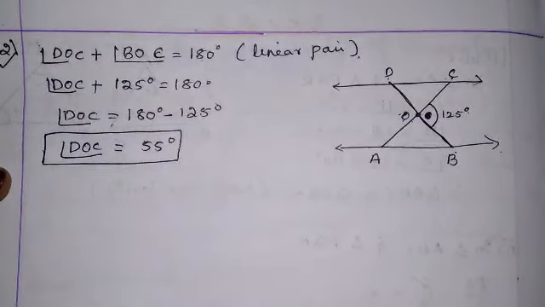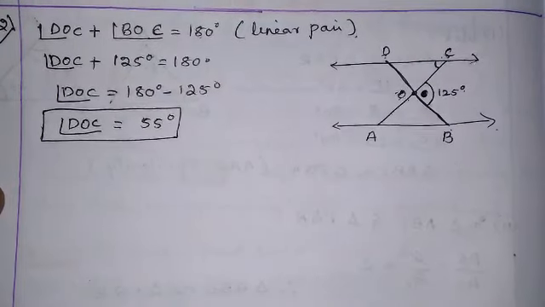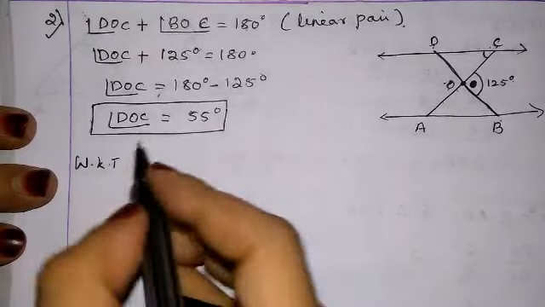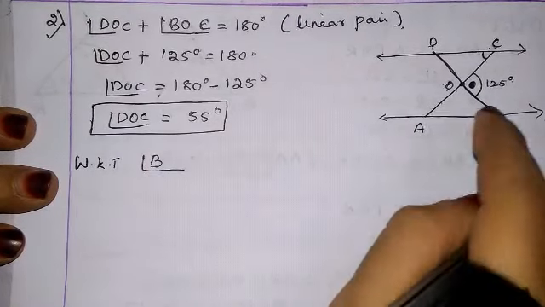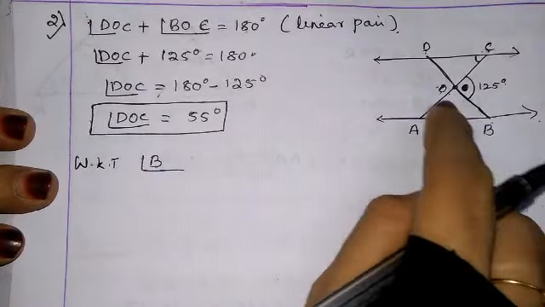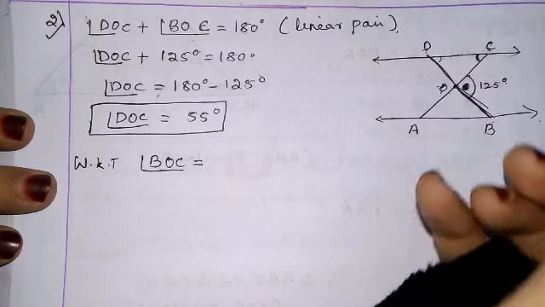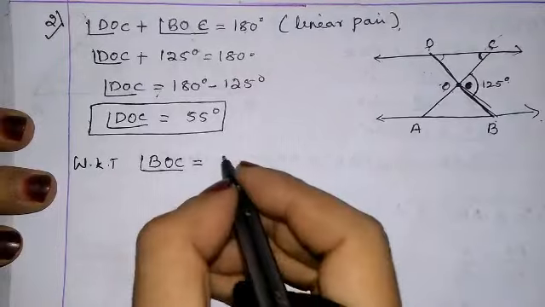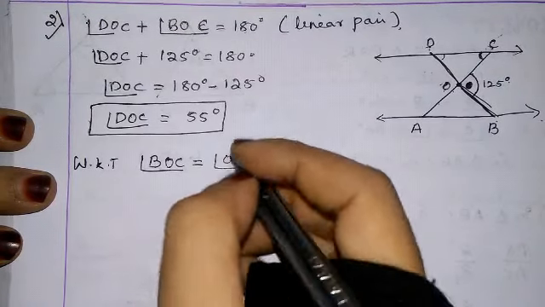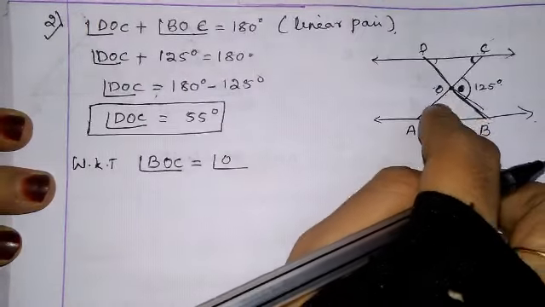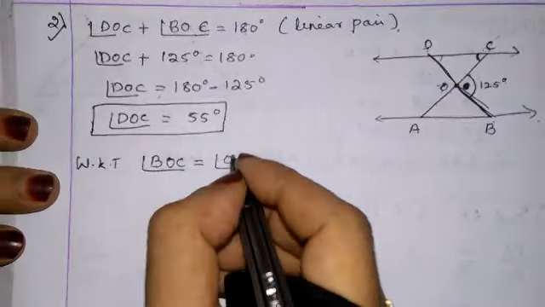Now they have told us to find DCO. Now we know that, BOC, properly see, this is an exterior angle, an outside angle, equal to the sum of the two opposite interior angles. So BOC is equal to CDO plus DCO.